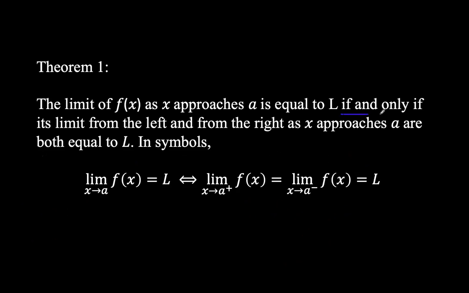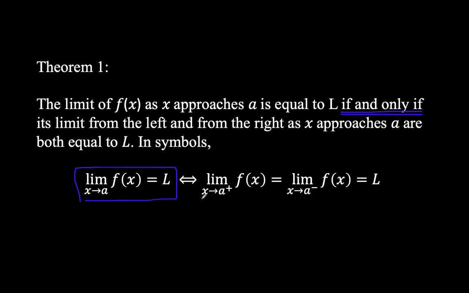It's a very strong statement because it uses a biconditional. If and only if its limit from the left and from the right as x approaches a are both equal to L. Now we can find the limit of a given function with the use of the one-sided limits, the left and the right.